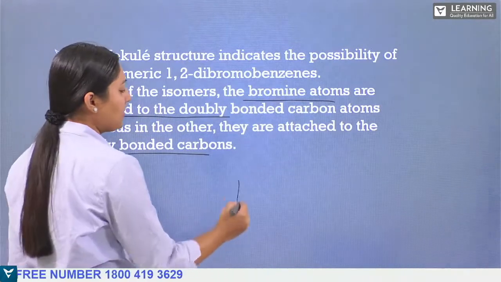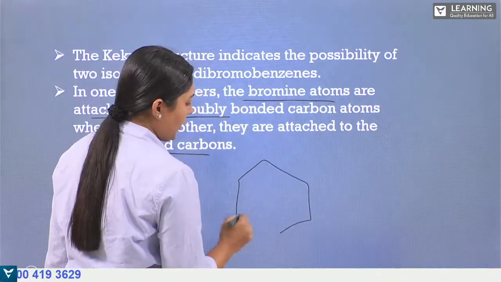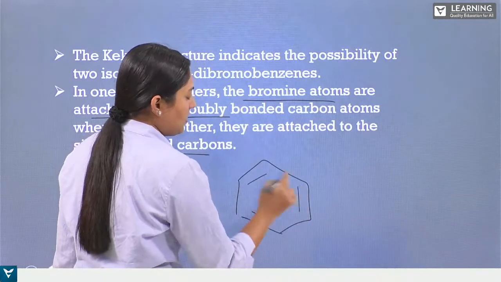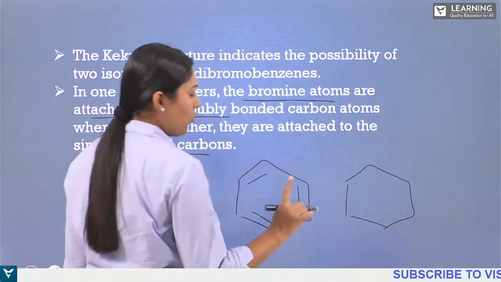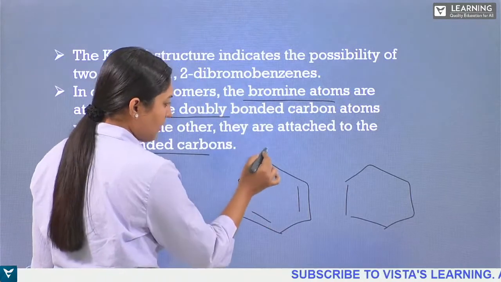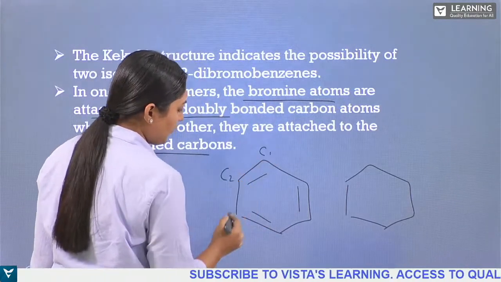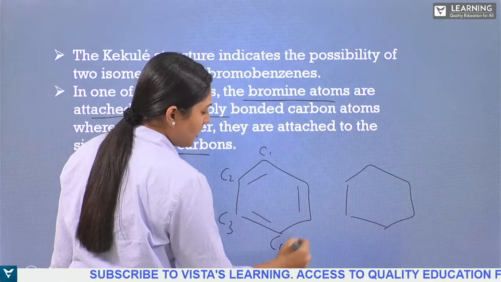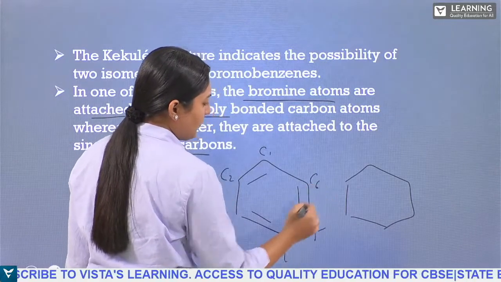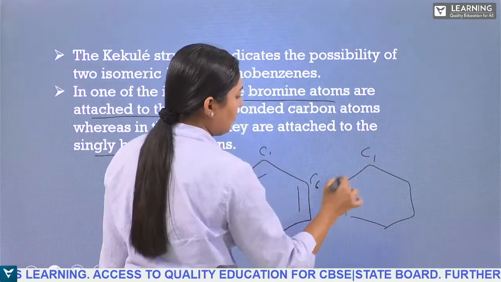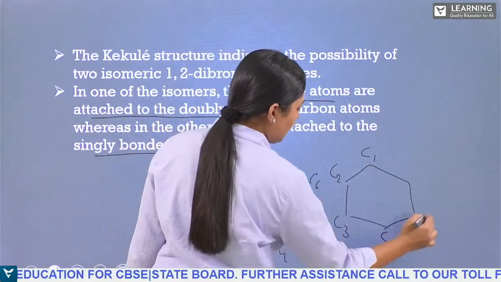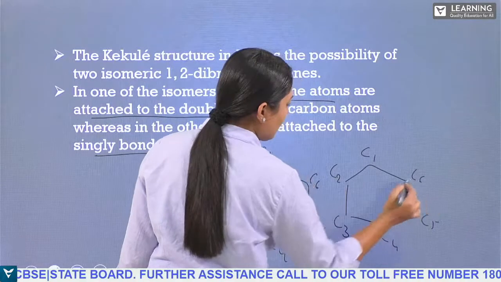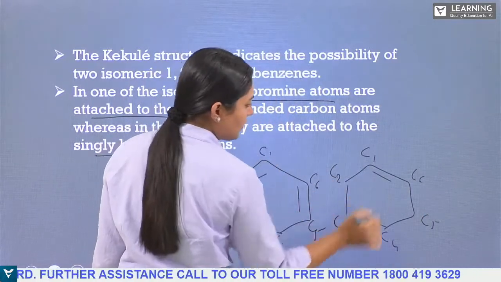Here you will have this bond structure, where this is one and this is another one, where the double bond is here for C1, C2, C3, C4, C5, C6. But here, if I write the same carbon atoms, 4, 5 and 6, the double bond will be shifted towards this.